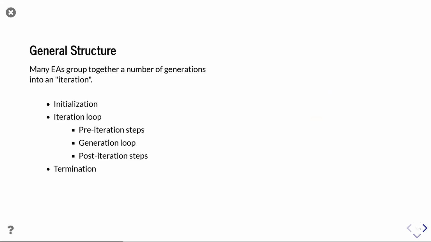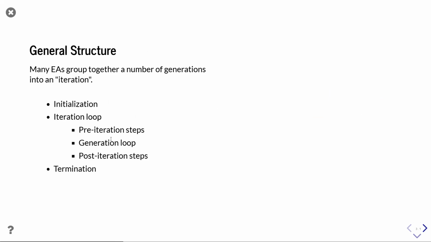To represent a structure like that, we make this structure a bit more complicated. We still have the initialization and this loop of generations, but this loop of generations now happens inside this iteration loop.